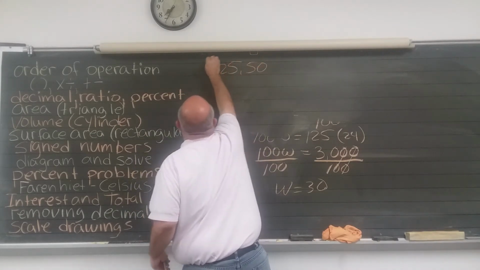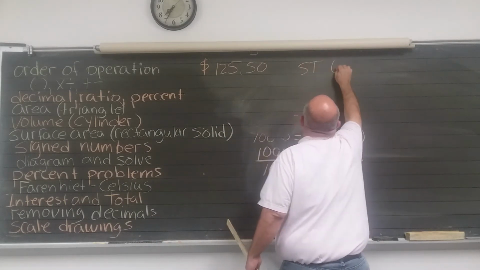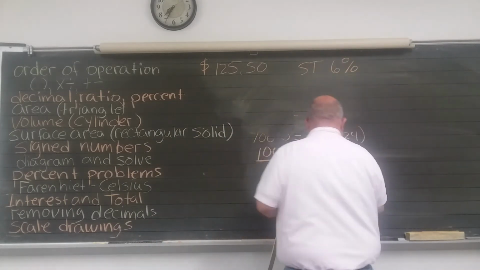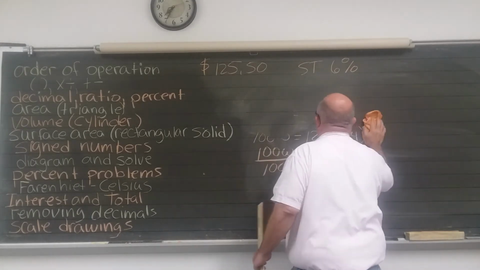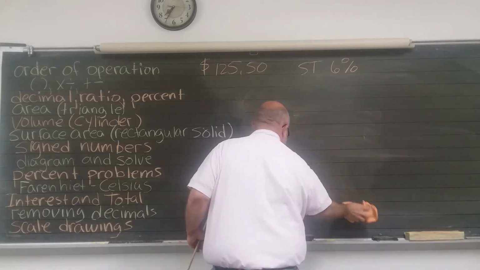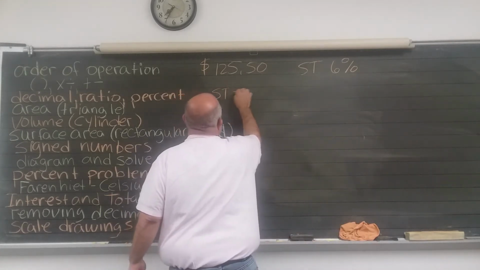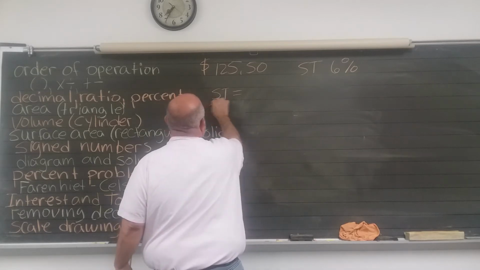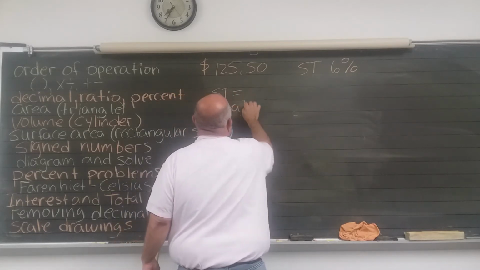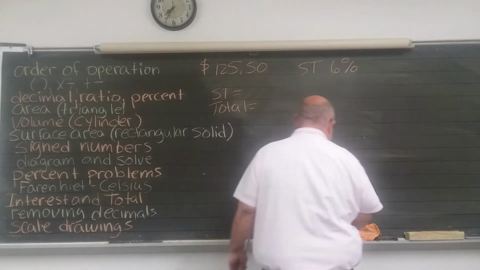Sales tax of 6%. I need two answers. How much tax are you paying? So tax, sales tax equals, and total equals. All right?